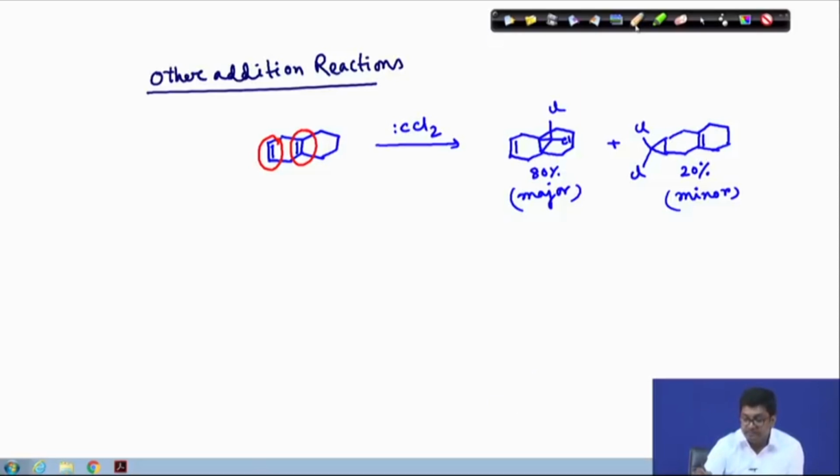Similarly, if we take only benzene, what will happen with only benzene? Then we will take the diazo ester as the carbene precursor, then under heating conditions this will generate the carbene, and what will it form?